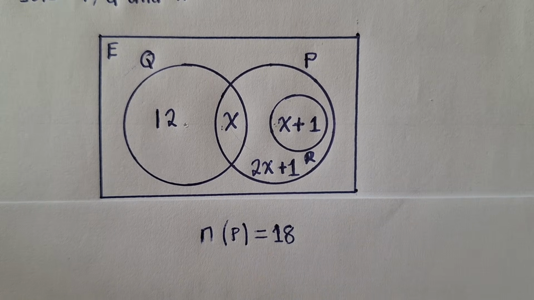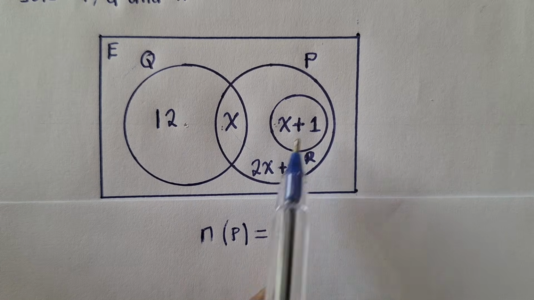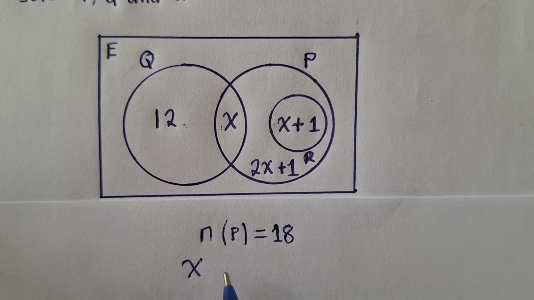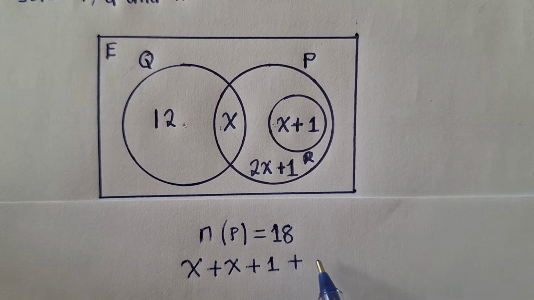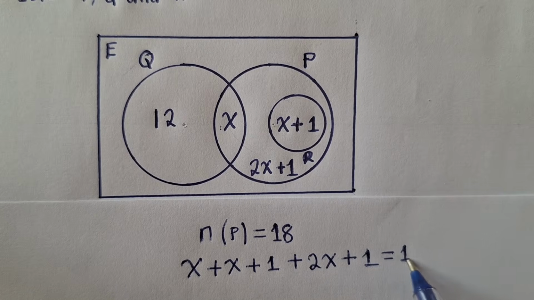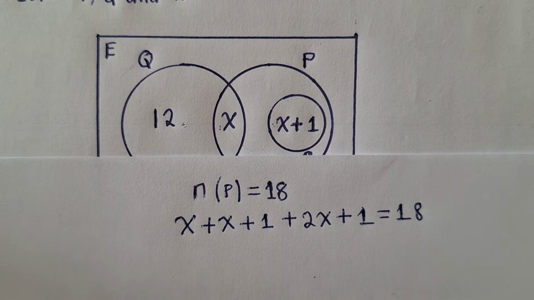Here you are expected to add the elements, this plus this plus this plus this plus this. So that will be X plus 1 plus 2X plus 1 is equal to 18.